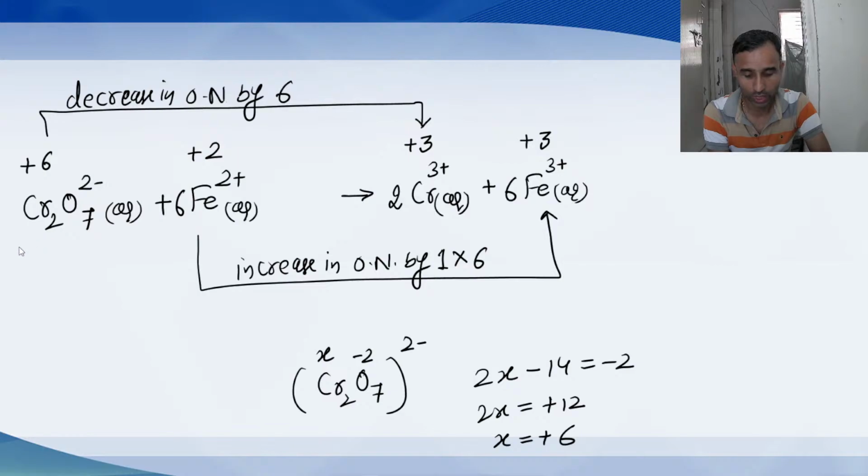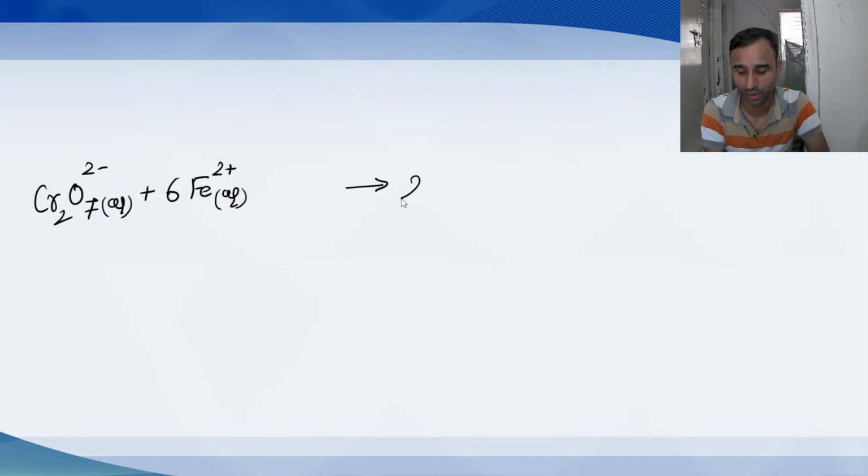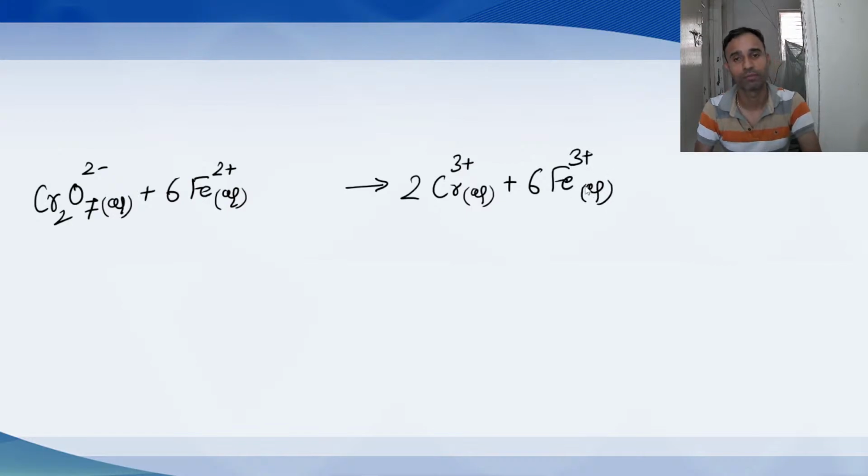Now it's okay. Now we write it separately: Cr2O7 2 negative aqueous, six Fe2 plus aqueous, 2 Cr3 plus aqueous plus 6 Fe3 plus aqueous.